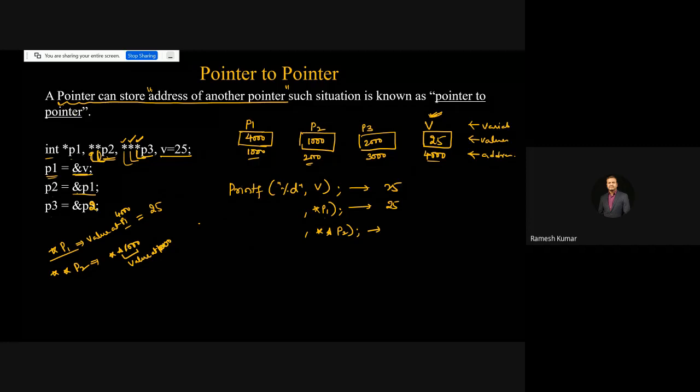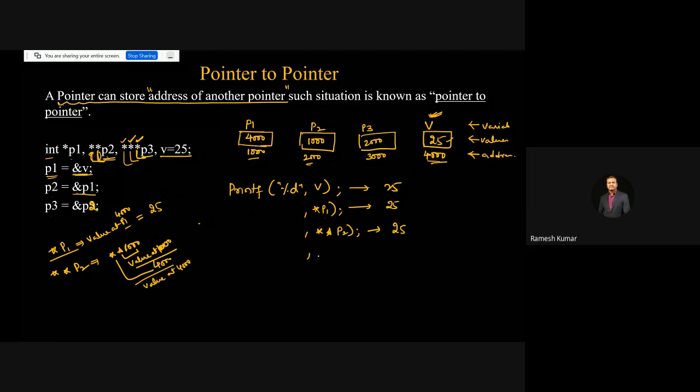What value is there at 1000 location? 4000. Now the second star. What does the second star say? Value at 4000 location. What value is there at the 4000 location? 25. So this is another way.